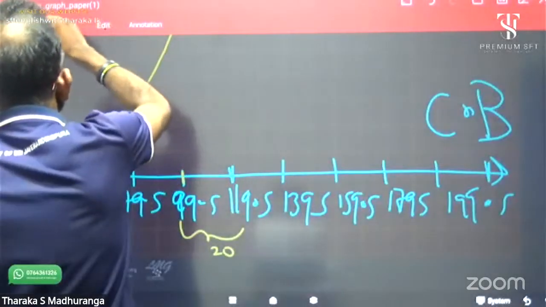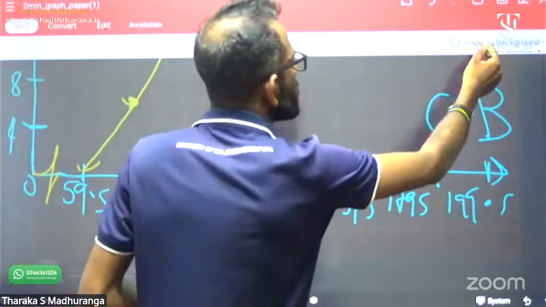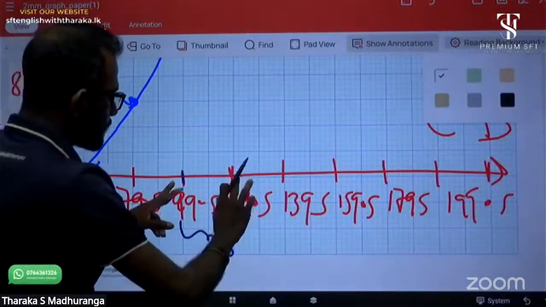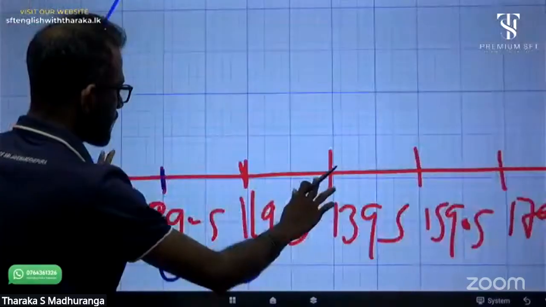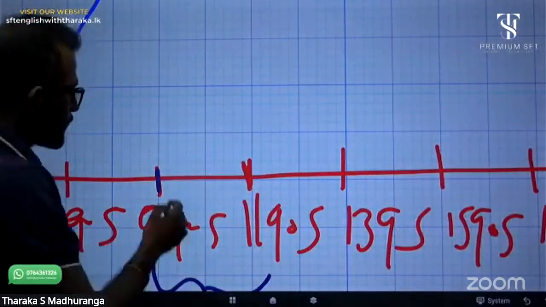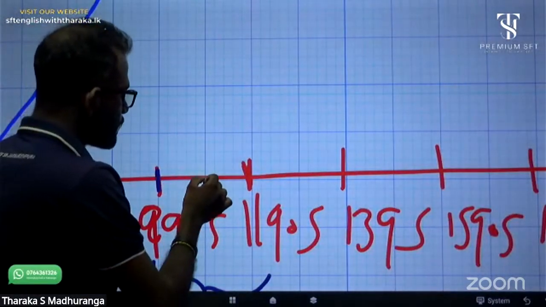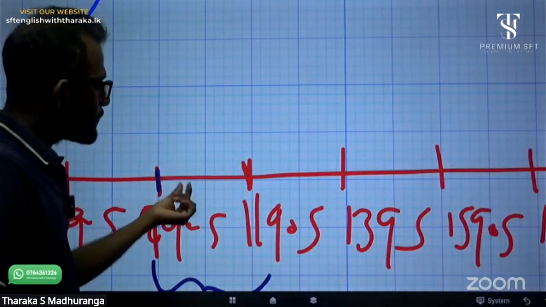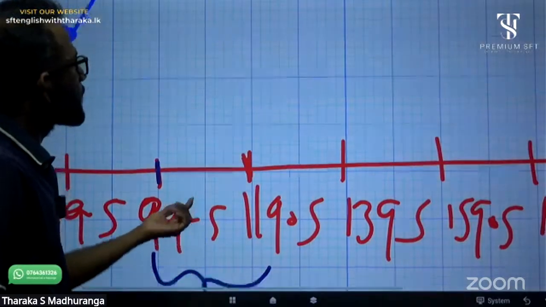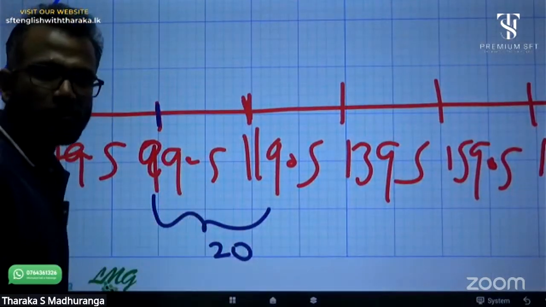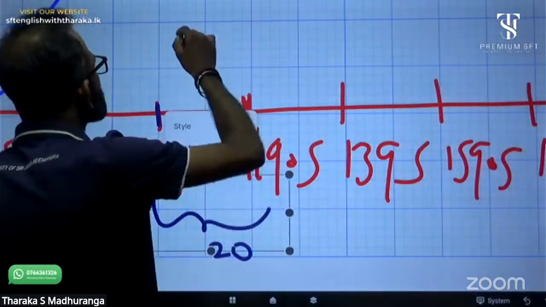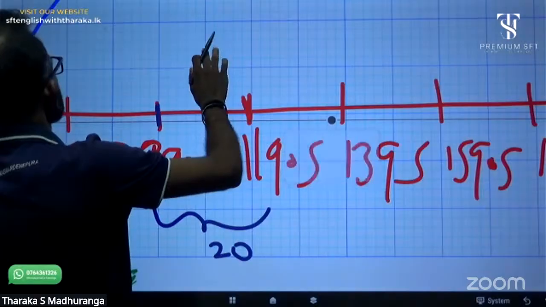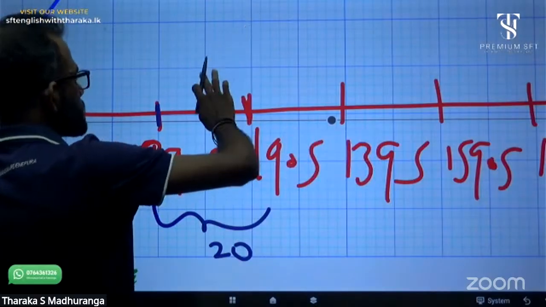Remember? 1, 2, 3, 4, 5, 6, 7, 8, 9, 10. 20 is represented by 10 boxes.